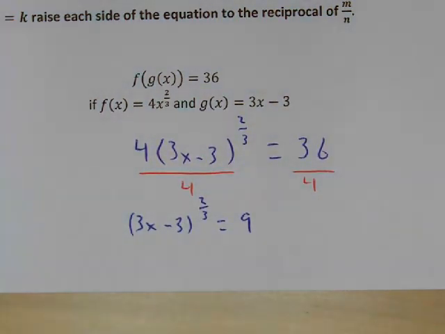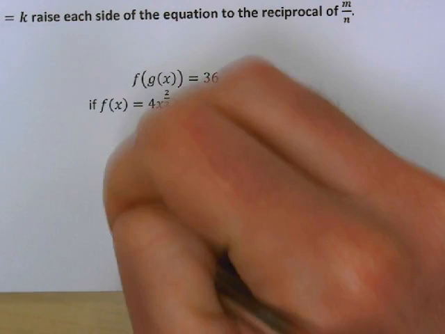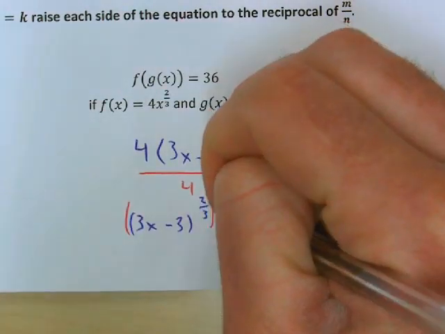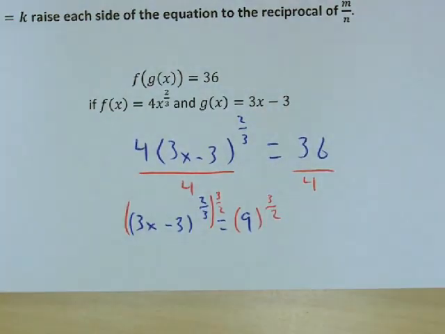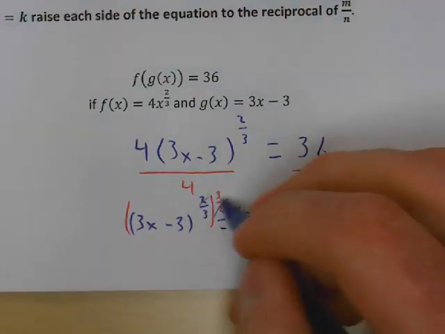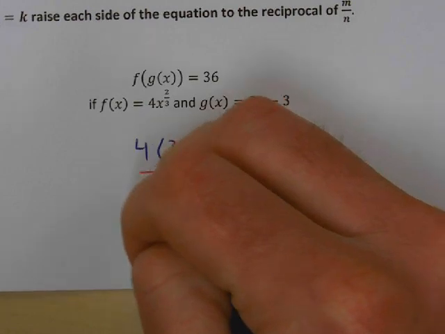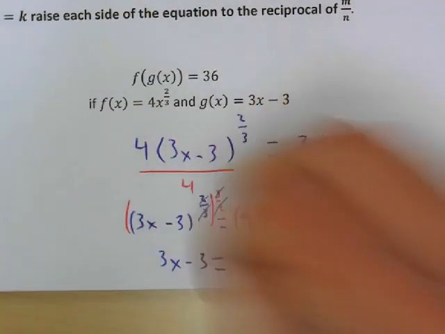All right. Next, I need to raise both sides of my equation to whatever power is going to get rid of that exponent. So I'm going to raise both sides to the reciprocal of that number, which is 3 over 2. Okay. And then this stuff all cancels, and we get 3x minus 3 equals what?